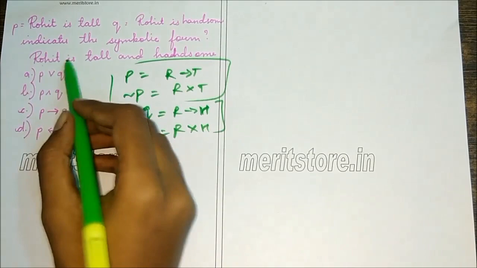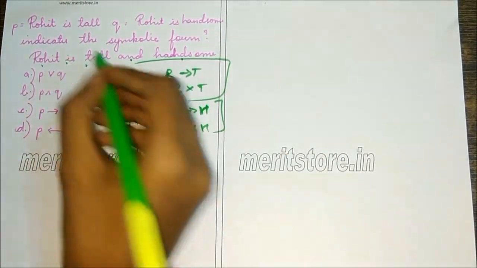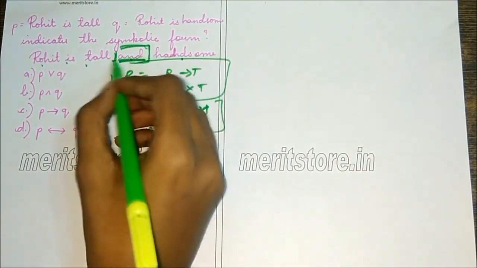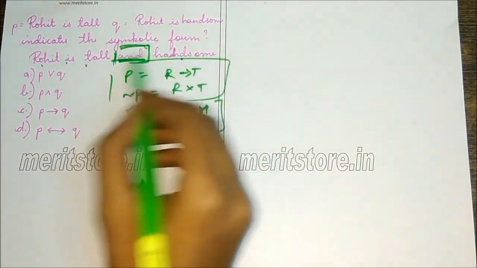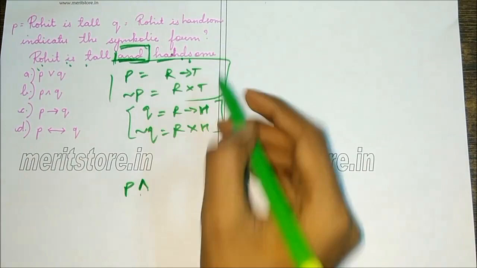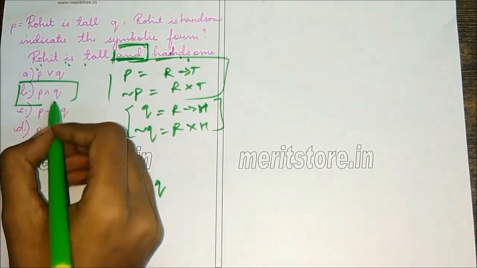Rohit is tall is P. The conjunction used is and, and the symbol for and is this. Rohit is handsome is clubbed into the sentence, and this is Q. So the answer is P and Q, which is option B.